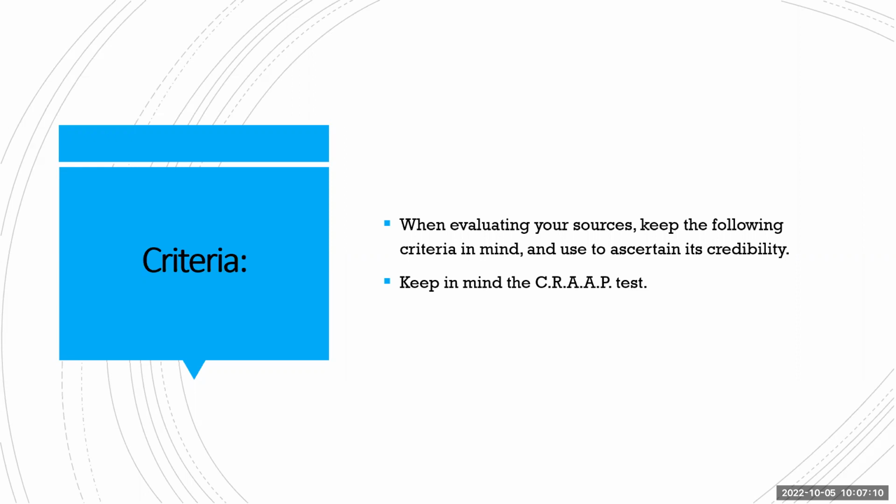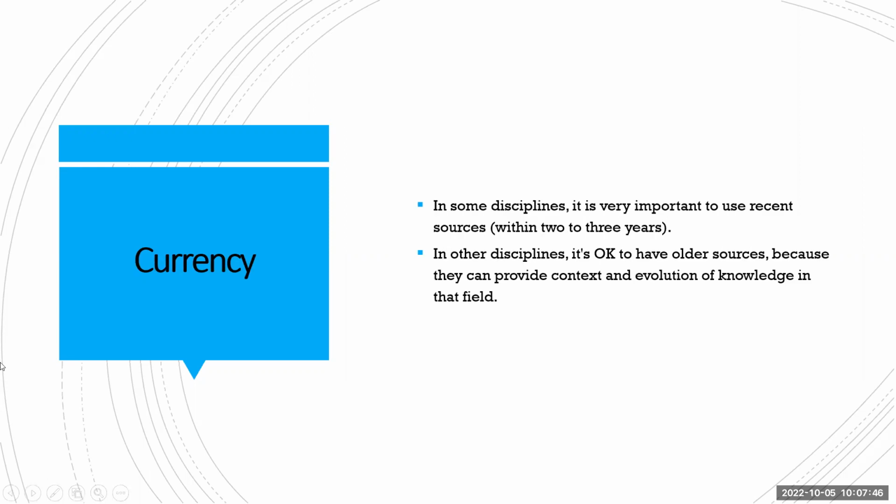For the next several slides I'll be talking about all of these criteria that are used to determine the validity and credibility of sources. There is an acronym that's popular and commonly used. It's called the CRAAP test. I'll talk about what those mean, and I'll also elaborate on a couple of those. You may be familiar with the CRAAP test. If not, it's easily found online, and I'll be covering it here in the next few slides.